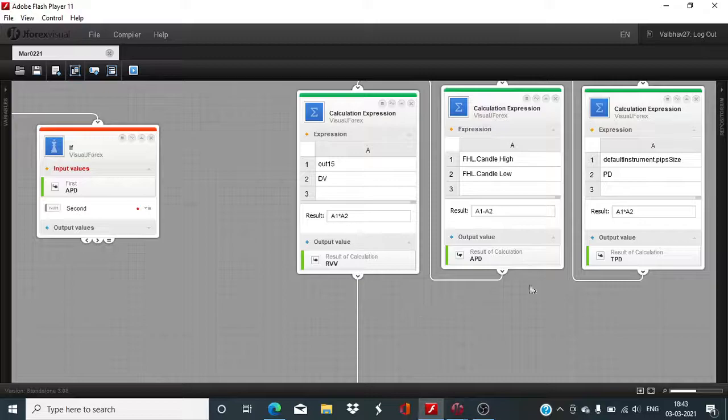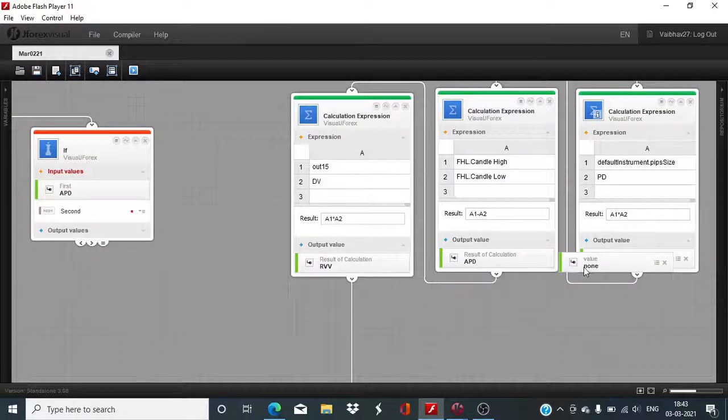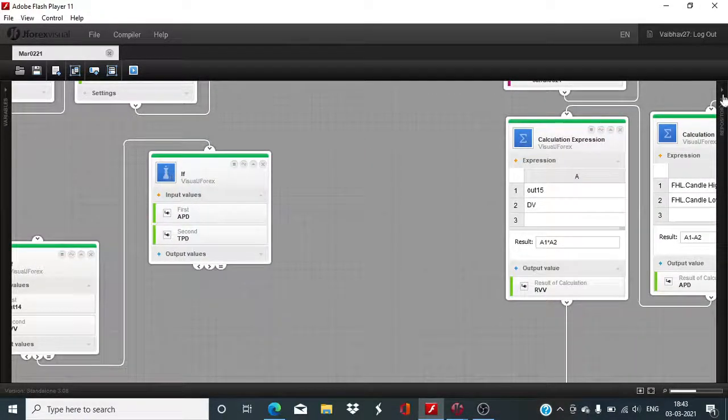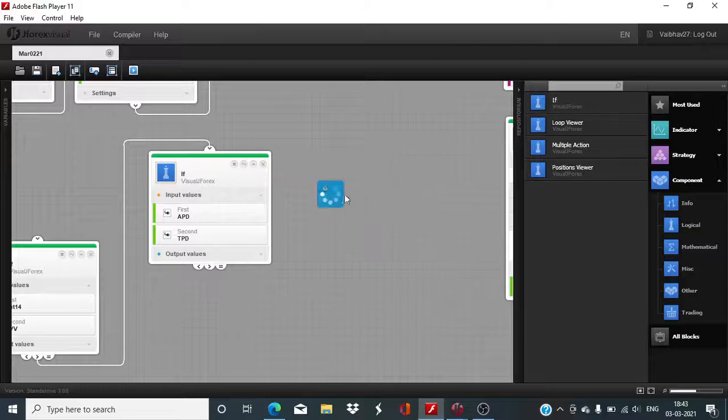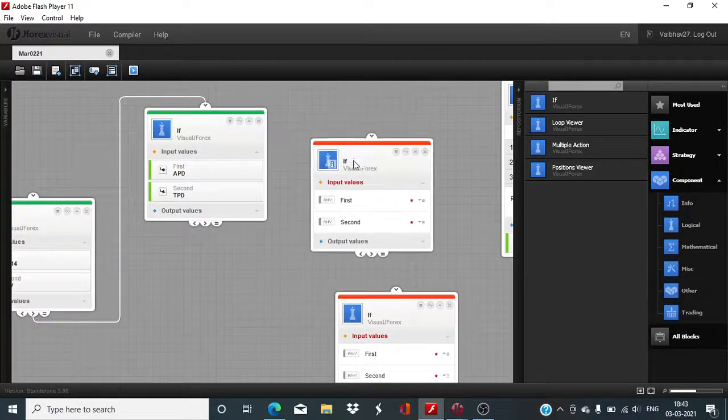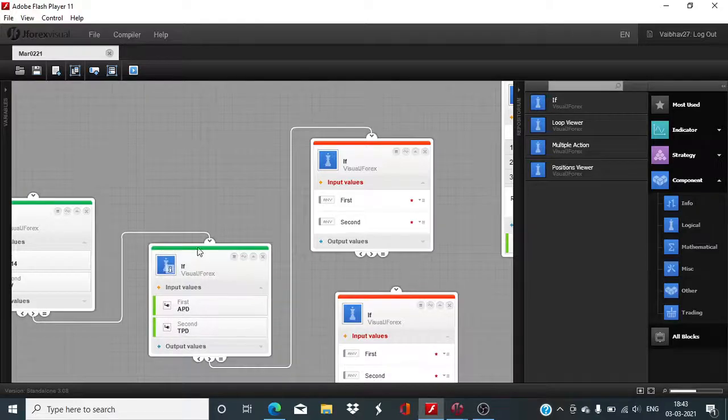This calculation will be compared with this predefined requirement of 10 pips. First input greater than second input.